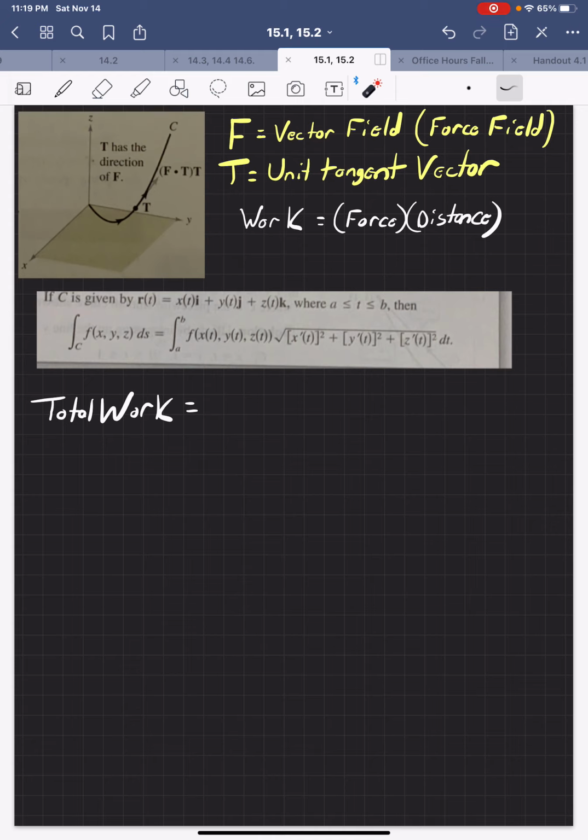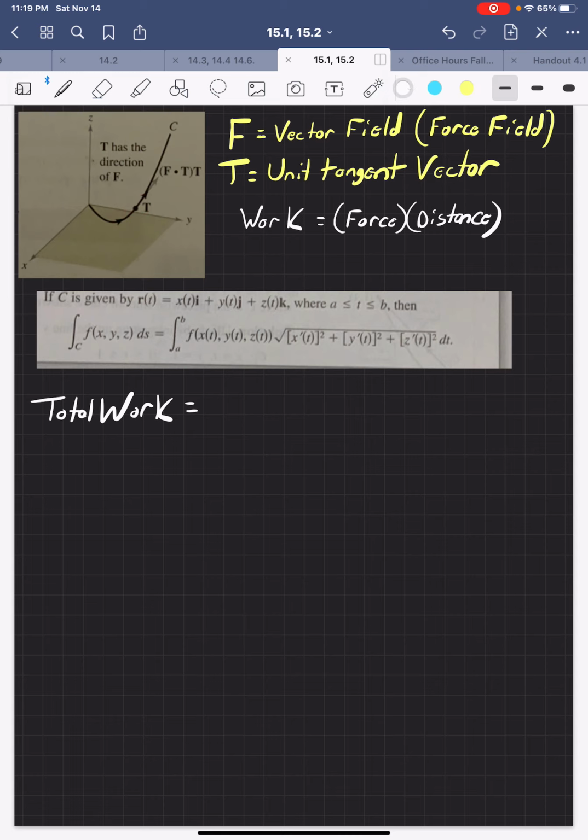Now, the way we want to think about this is, if you want to determine the work done by the force, let's just talk about it at a particular point, right? The work done by the vector field at a particular point.